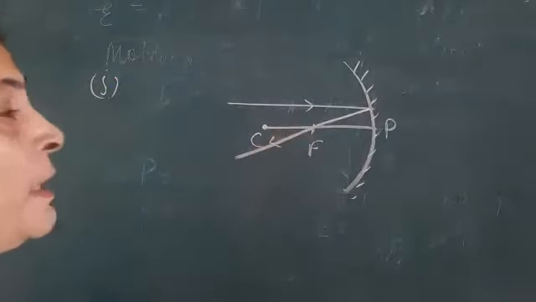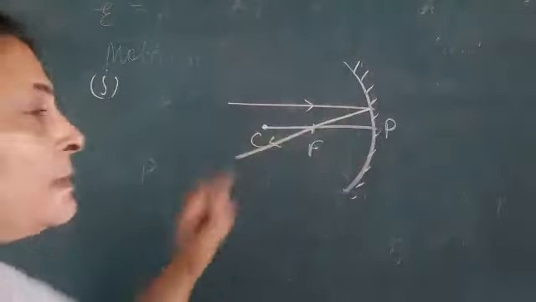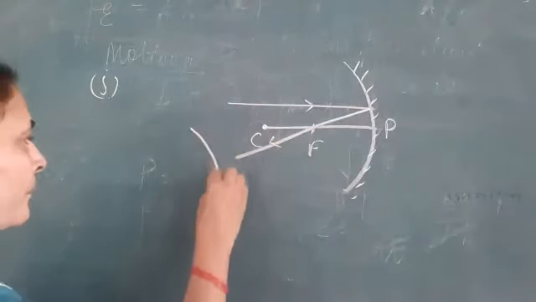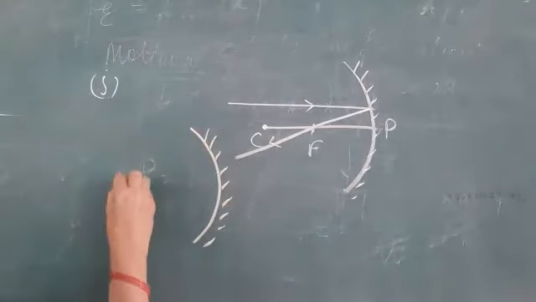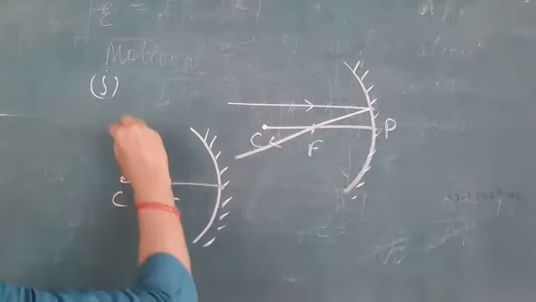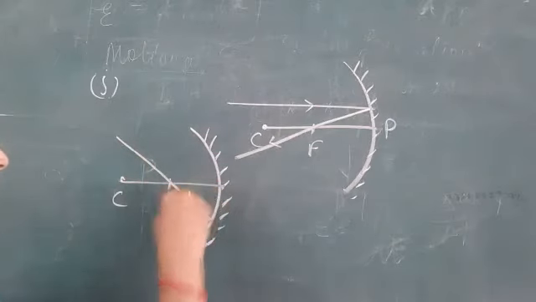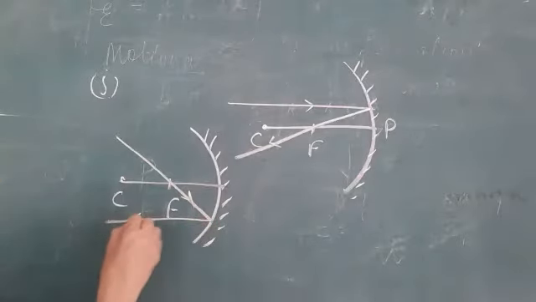Alright, this is the principal axis, for concave mirror only I will explain once. See, this is center of curvature, this is say focus. If a ray of light passes through the focus, see this, it is going to become parallel.